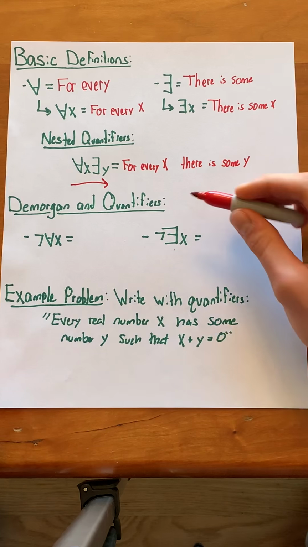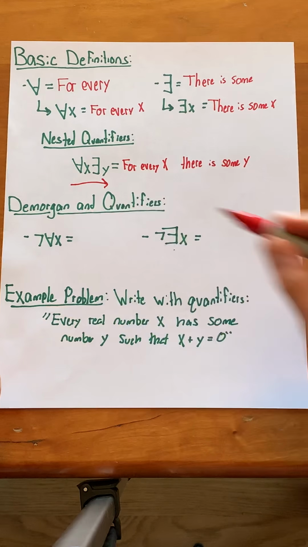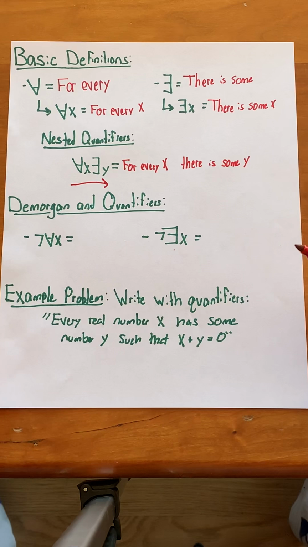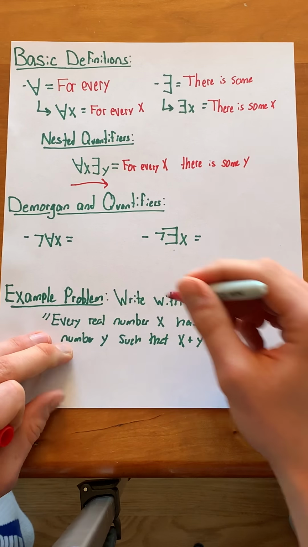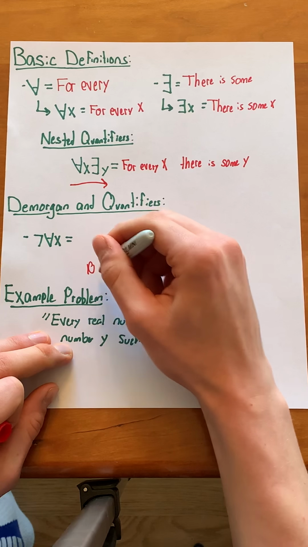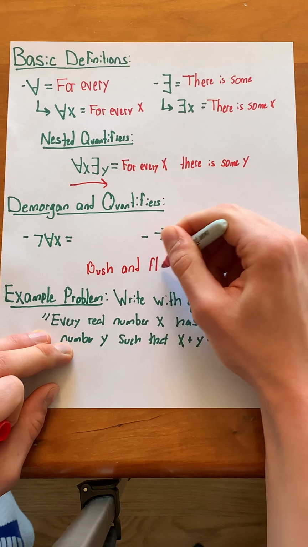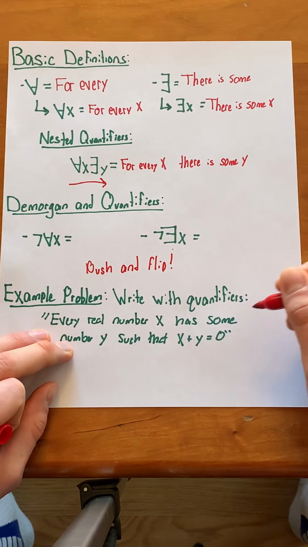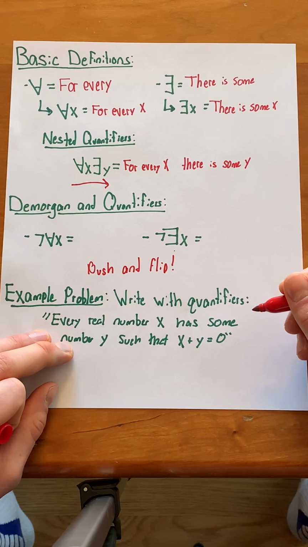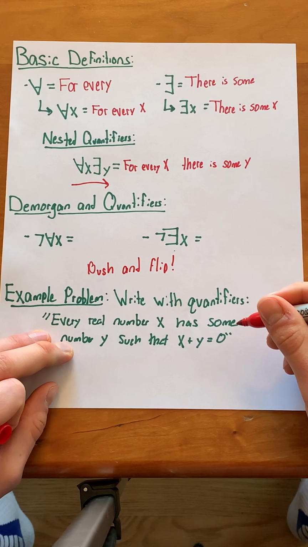We'll also note that quantifiers can sometimes have negation signs in front of them. Thankfully, we can use De Morgan's law for quantifiers to deal with this. What we're going to want to do is push and flip. We're going to push the negation through and flip the quantifier.